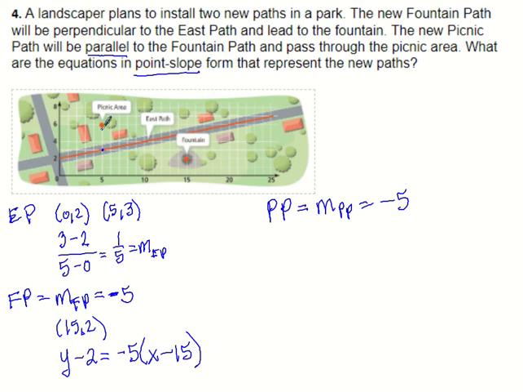It is 5, 6. All right, so that's our point right there, 5, 6. And again, we're going to use point slope form, so y minus 6 equals negative 5, and then x minus 5. And we're done. Those are our 2 equations, point slope, parallel, perpendicular.